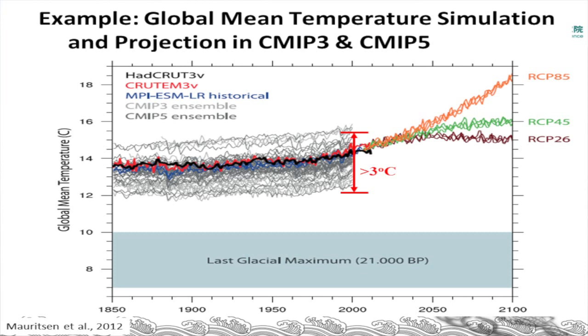Each of those lines represents a different model of the global temperature. I'm talking about global temperature over a 150-year period. The dark line is the observation, and the red line is the ensemble mean. You can see there's a lot of between-model uncertainty. Talking about the 150-year average, there is a 3-degree difference.